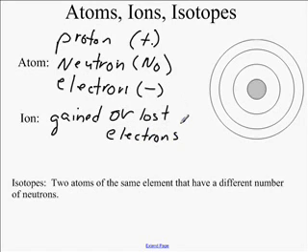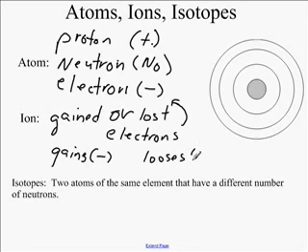Since electrons are negatively charged, if it gains electrons, if you're gaining negative things, it will become negative, and if it loses electrons, if it loses negative things, it will leave the positive protons behind and actually become a positive ion.